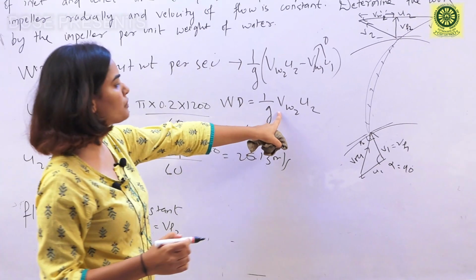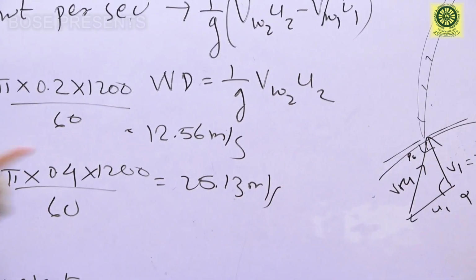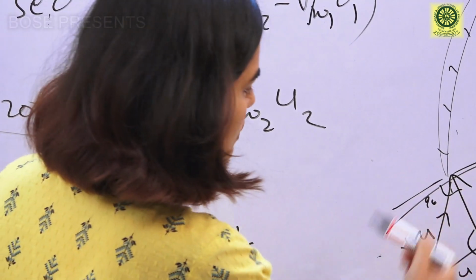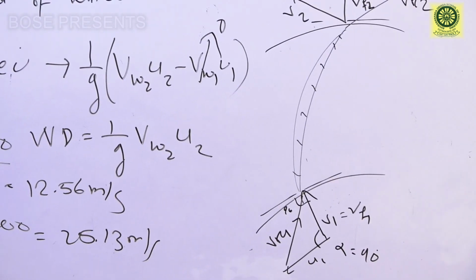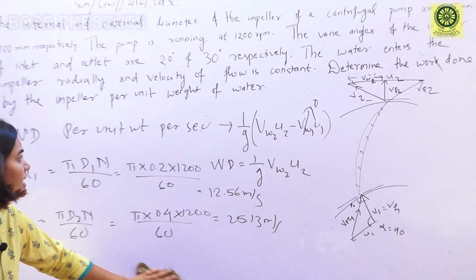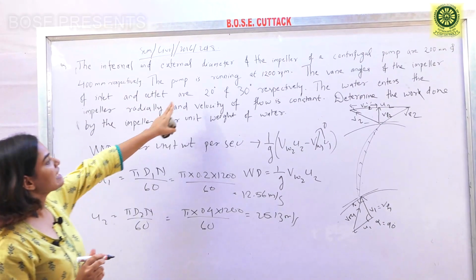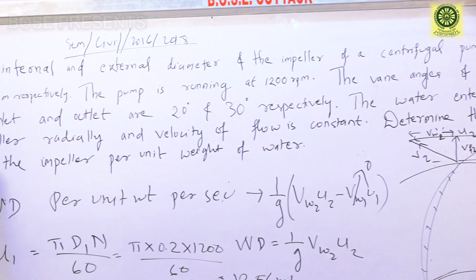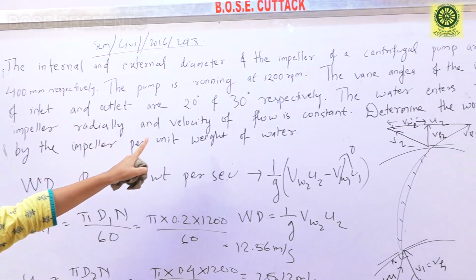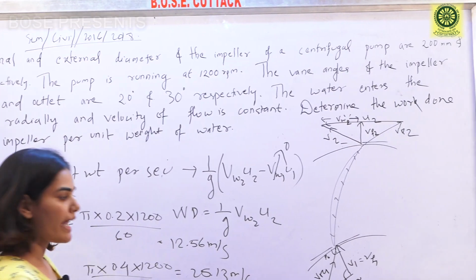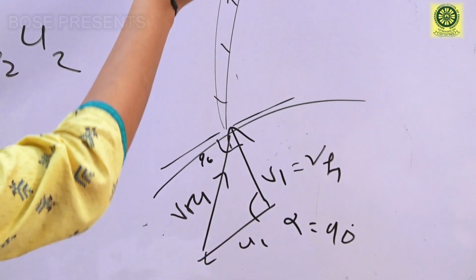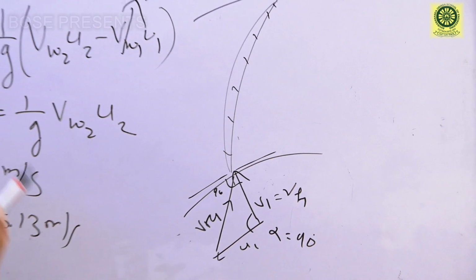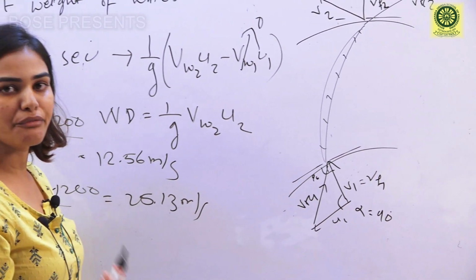Now next job is to find out Vw2. So how to find out Vw2? If you see this triangle, one more important given data which I did not mention here is the vane angle. It is saying that the vane angle of the impeller at inlet and outlet is given as 20 and 30. The angle between Vr1 and U1 and Vr2 and U2, that is the angle between Vr and U, we are calling it the vane angle.